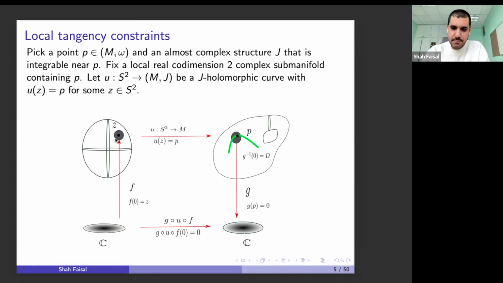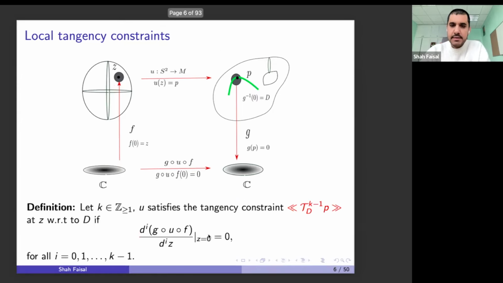If you compose these maps, you will get a holomorphic function from C to C^r, mapping the point Z to 0, to 0, right? Now, the holomorphic sphere U is said to be tangent of order k-1 with respect to the divisor D if the first k-1 derivatives of this map vanish at 0.